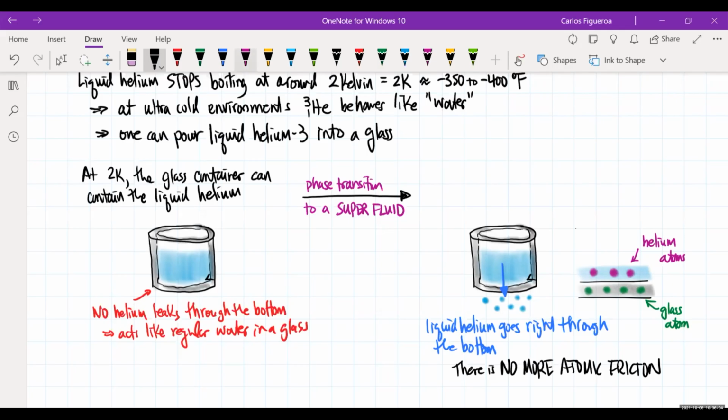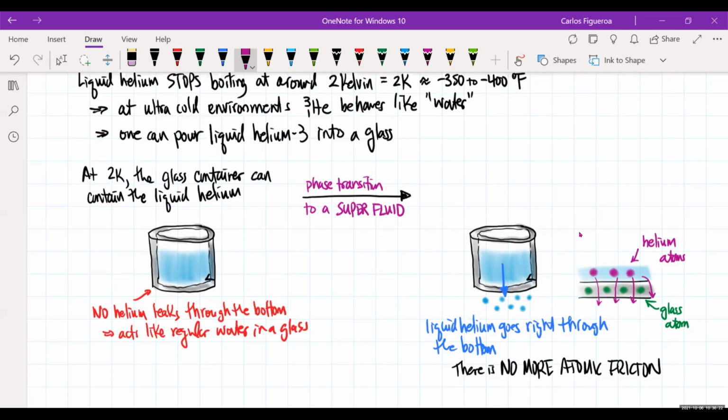So these helium atoms literally squeeze right in between the atoms, and they start to flow right through the bottom. That's what a superfluid is.